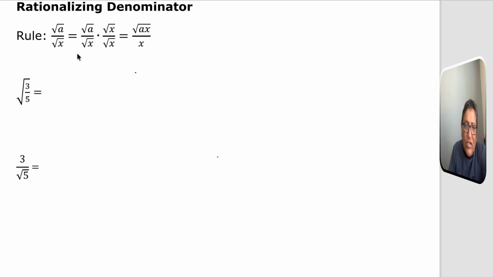And that way we will remove the radical in the denominator. We don't like having a radical in the denominator. This is why we say rationalizing the denominator. So let's see. So now, according to the rule of exponents, we can simplify this as a square root of 3 divided by square root of 5.